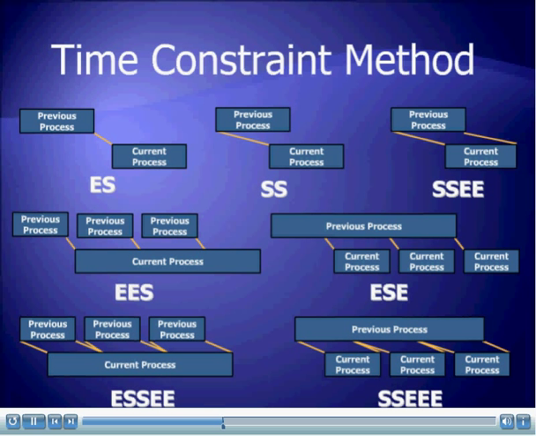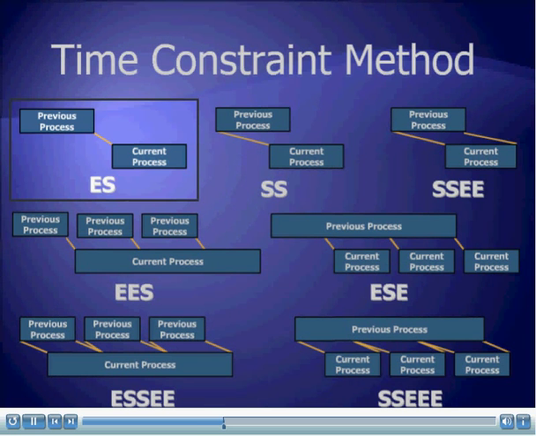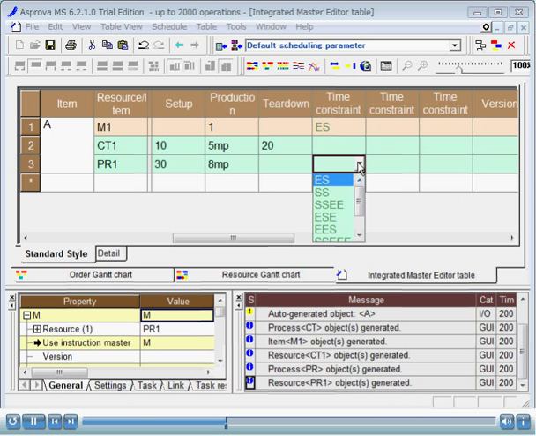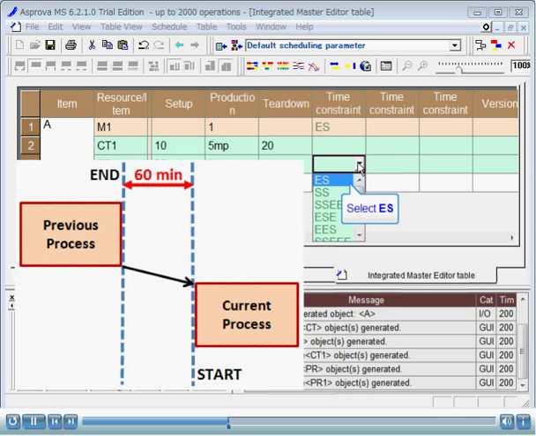For the current process, we will select ES to define the minimum amount of time separating the end of the previous process and the start of the current process. Set the time constraint method to ES, end start. This means that the previous process must end before the current process can start.